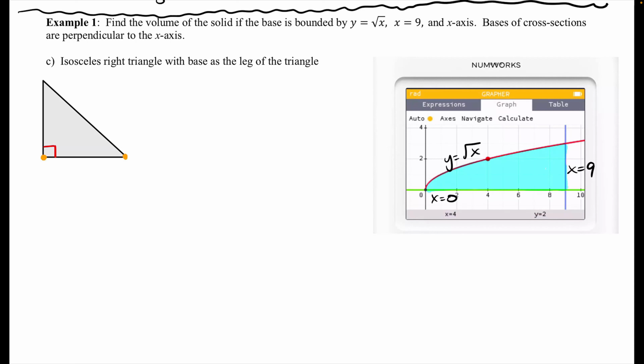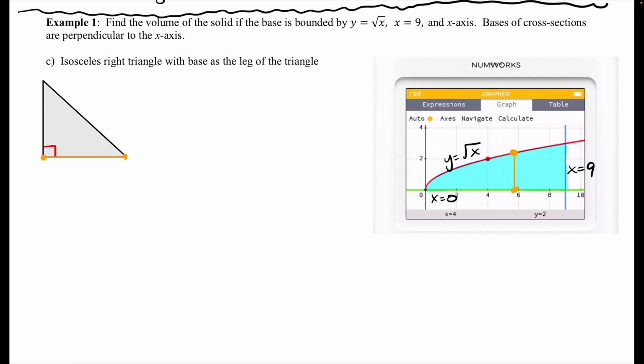One of these legs is going to sit there like we did the last time. That's going to sit right here, because again it's got to be perpendicular to the x-axis. So that side is sticking up and then down, so the triangle's going up like that and then down here.